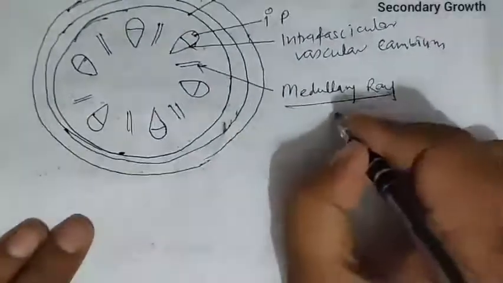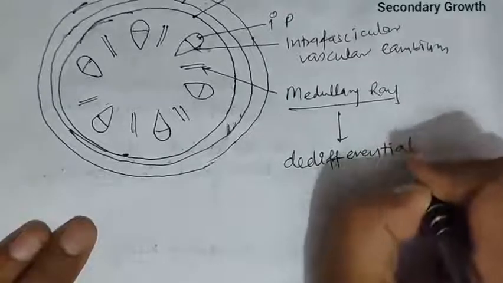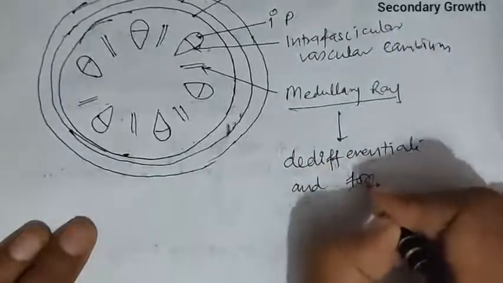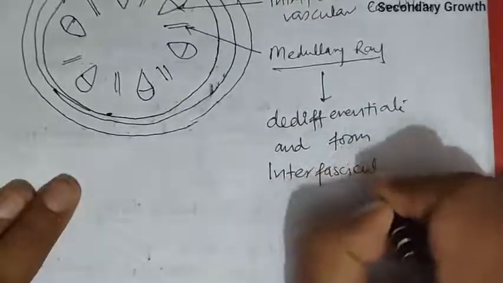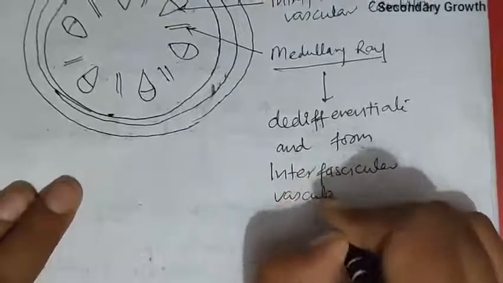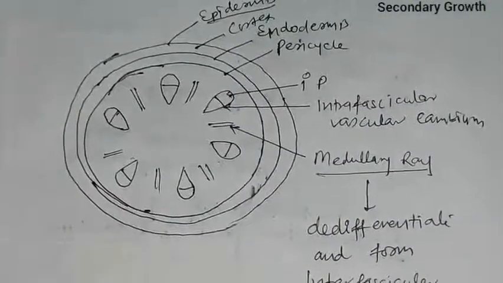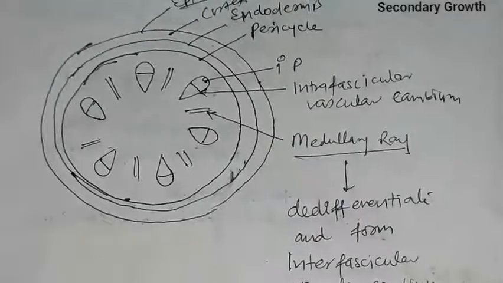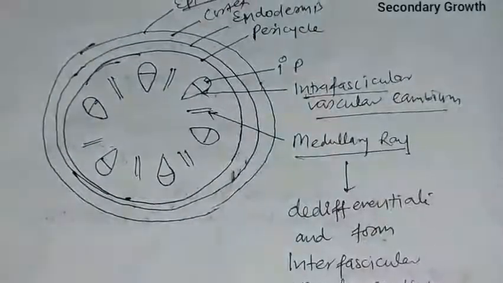Now these medullary rays de-differentiate and form the interfascicular vascular cambium between the vascular bundles. In this diagram there is a presence of medullary rays, vascular bundles and intrafascicular vascular cambium, but the interfascicular cambium is not there, it is formed by the de-differentiation of medullary rays. So now the diagram will look like this.